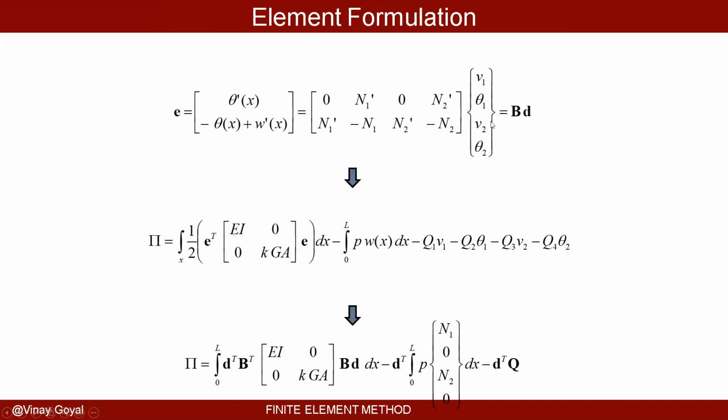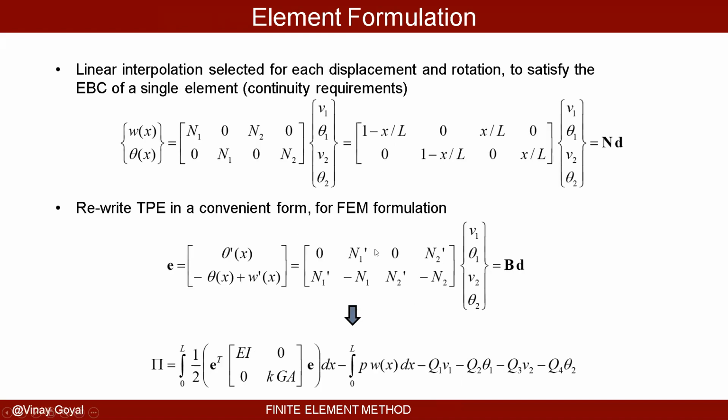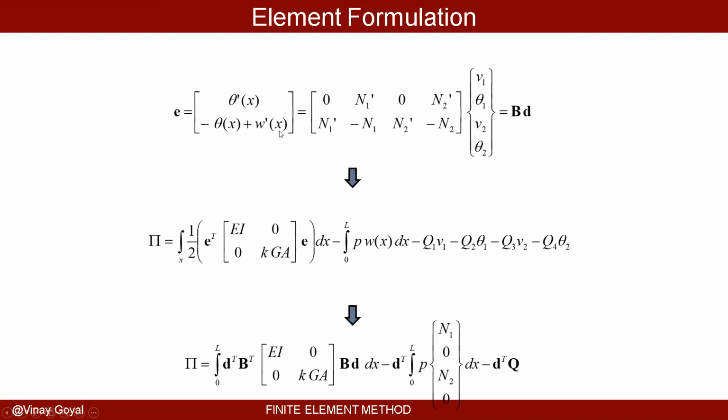So I'm going to plug this into this equation. And so then this becomes D bold transpose, B bold transpose, and here I get B bold times D bold. Here I get D bold over here, and N1 and N2 here. Because the only thing showing up is W here in this equation, and that came from here, this row vector here.